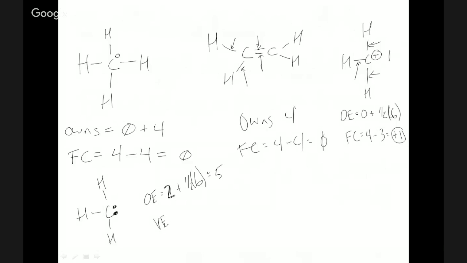Valence electrons equals 4. So formal charge equals 4 minus 5. Negative. Put a negative next to carbon. Okay. So that's a couple of neutral carbons. Cation, anion, carbanion, carbocation previously. So let's do formal charge in other atoms.